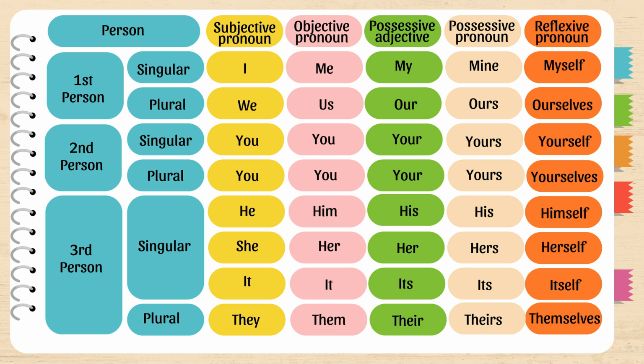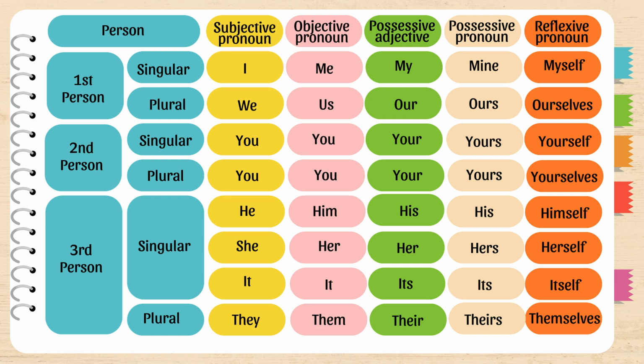Possessive pronoun will be mine, ours, yours, his, hers, its, theirs. And in the last column, reflexive pronoun, we will have myself, ourselves, yourself, yourselves, himself, herself, itself and themselves.